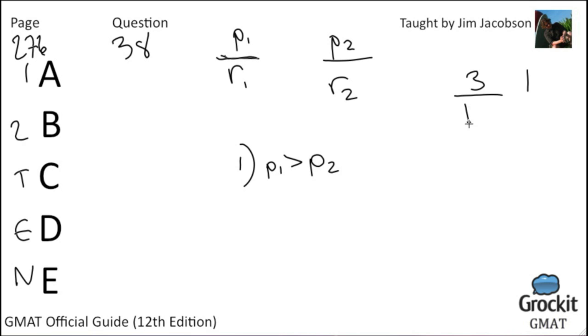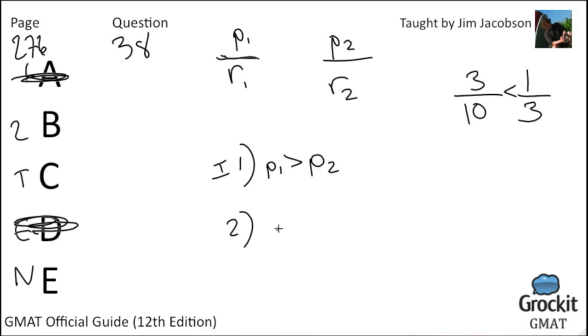But if R1 is 10 and R2 is 3, well, I made this a little bit closer than I meant to, but 1/3 is still more than 0.3. So just having a greater numerator on its own is not enough to make a comparison between these two ratios. So statement 1 is insufficient. Cross off A and D.